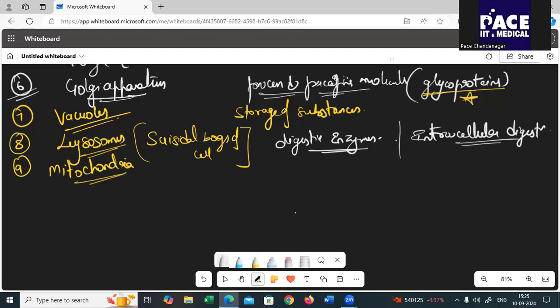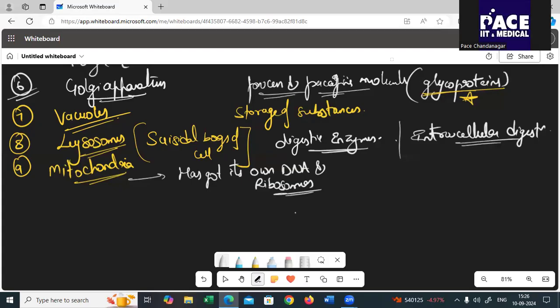It has got its own RNA, its own DNA, and ribosomes. It's a very important point, but please write it down carefully. Each and every point which I'm stating here is very, very important. So mitochondria has got its own DNA and ribosomes. Why? Because this is the powerhouse of the cell.